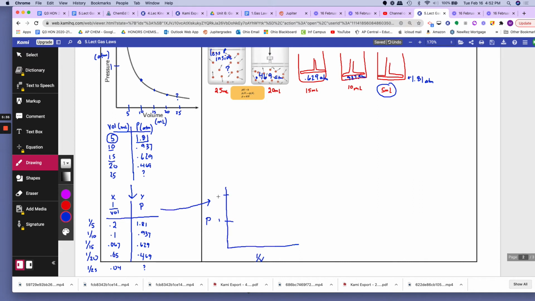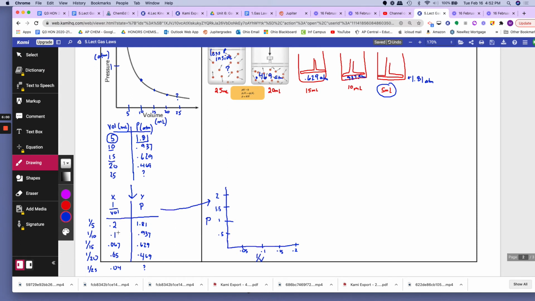We'll call this 0.5, and we'll call this 1.5. This one goes from 0 to 0.2, so we'll call this 0.1, 0.2, and we'll call this 0.05, and this 0.15.